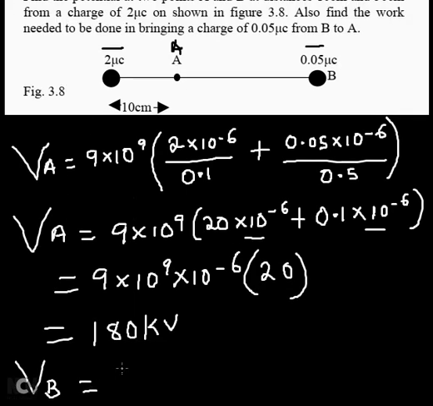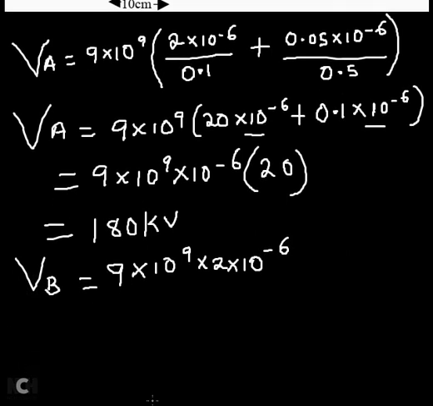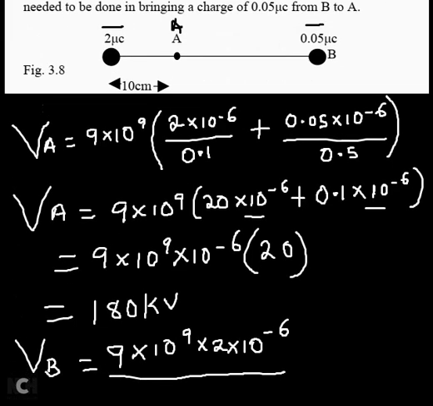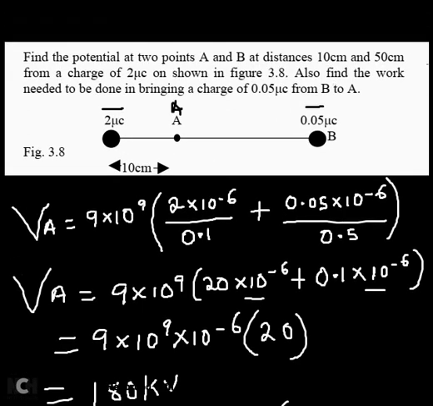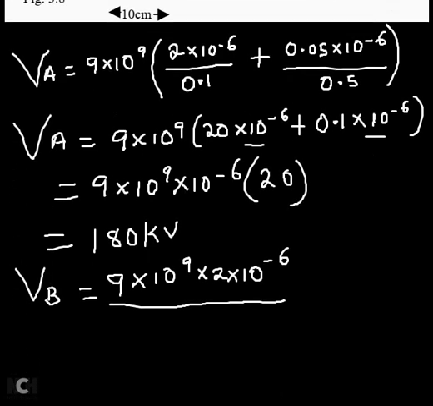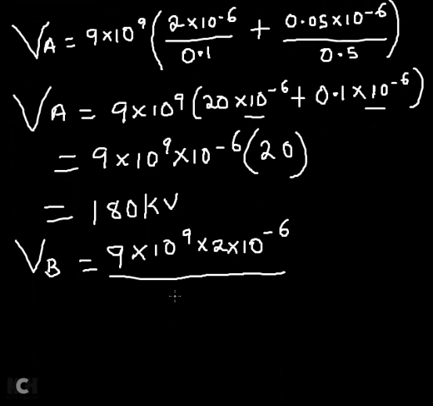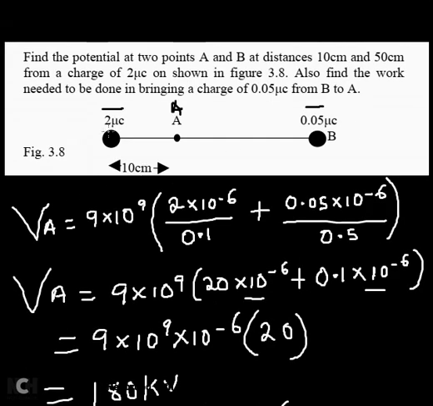So in that case, I'm looking at just 9 times 10 raised to the power of 9 multiplied by the charge 2 times 10 raised to the power of minus 6, then divided by the distance from the charge of 2 microcoulombs all the way to B. Of course, that will be 10 plus 50, that's 60 cm, which is 0.6 m, because the distance from the 2 microcoulomb charge to A is 10 cm and the distance from A to B is 50 cm.